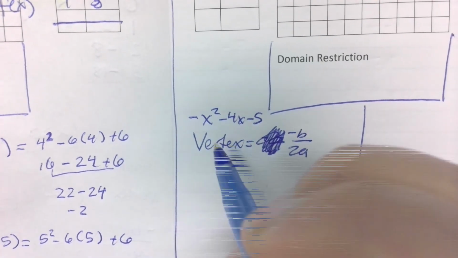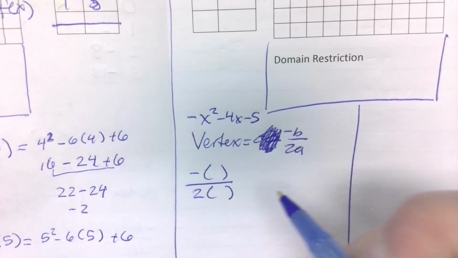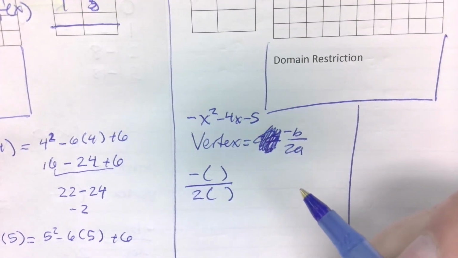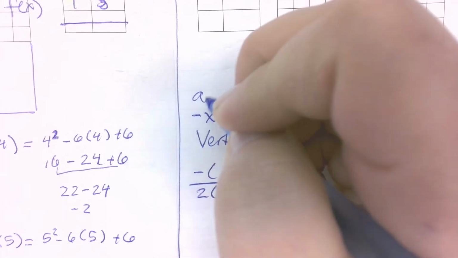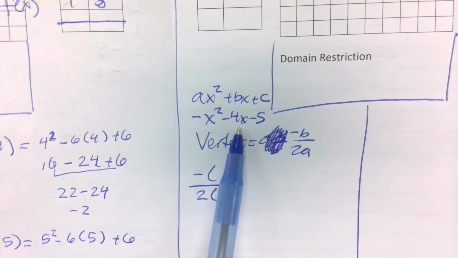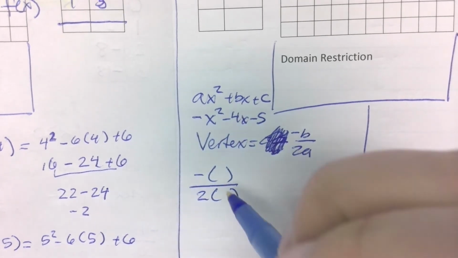Diego, help me set up the vertex. Opposite of, what's my B? What number is B? Do you know how to tell? Ax squared plus bx plus c. So b is the number that is with the x.